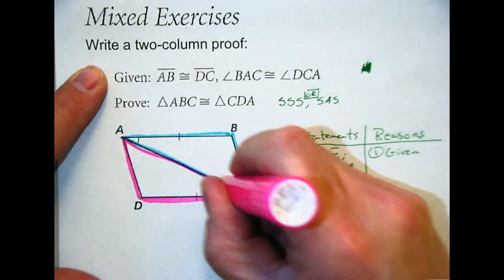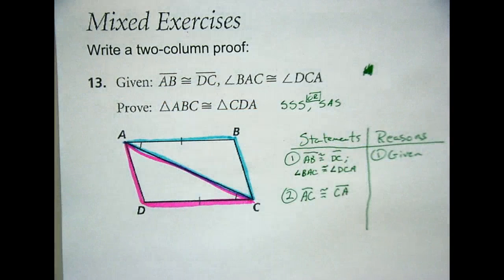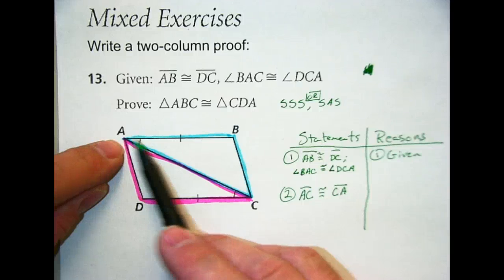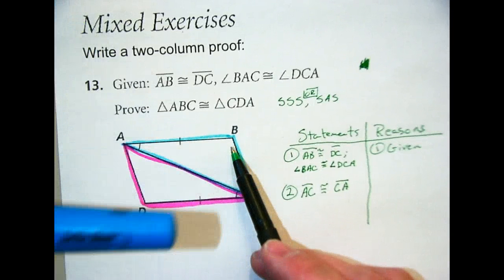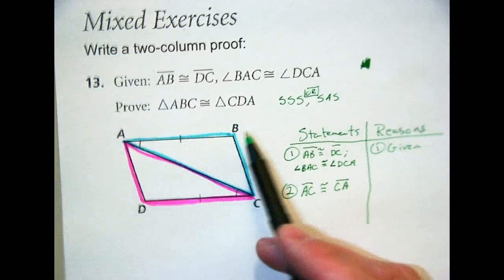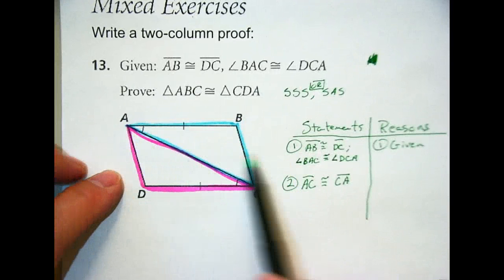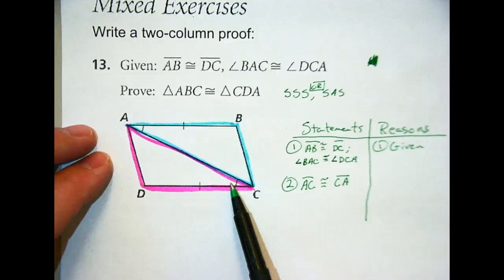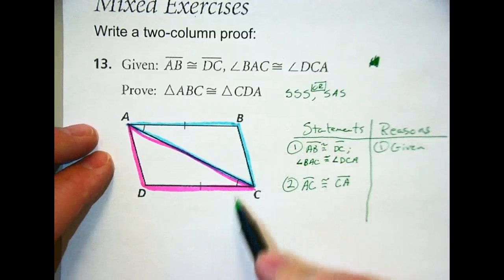There we got it. See, neat colors, huh? Yeah? All right, so angle A of the blue, is this blue? Yeah. Blue triangle is congruent to angle what? Angle C of the pink triangle. Okay. All right. This angle corresponds to that one.